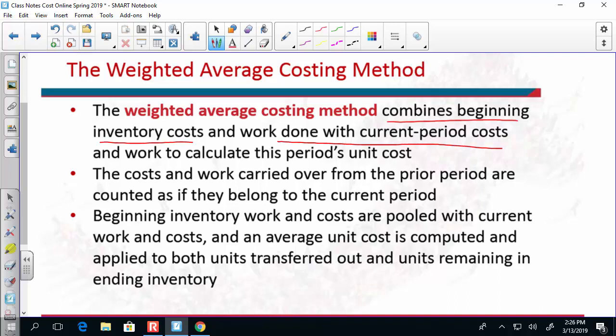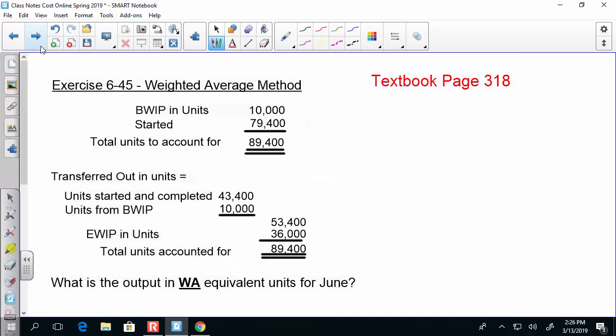It's a much simpler method than the other one, the FIFO method. So weighted average is used quite often in practice, but FIFO has its advantages. It's more accurate. It can determine a cost change rather quickly under the FIFO method.